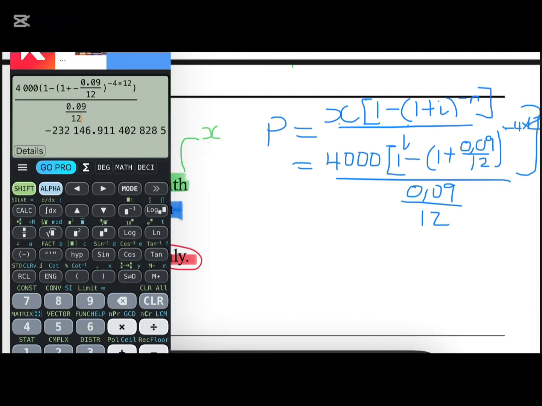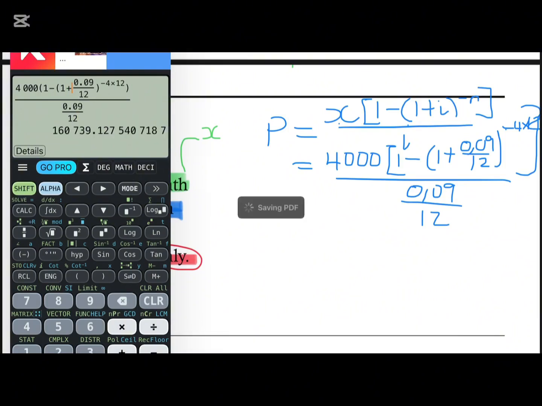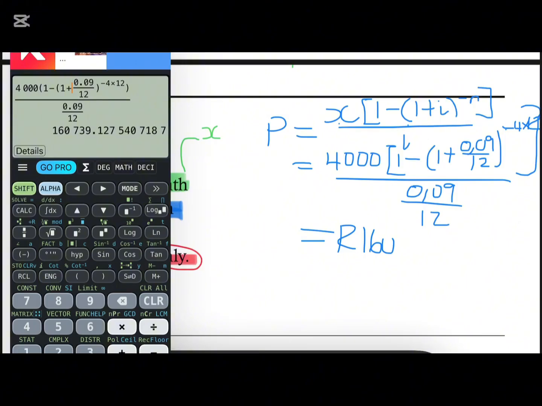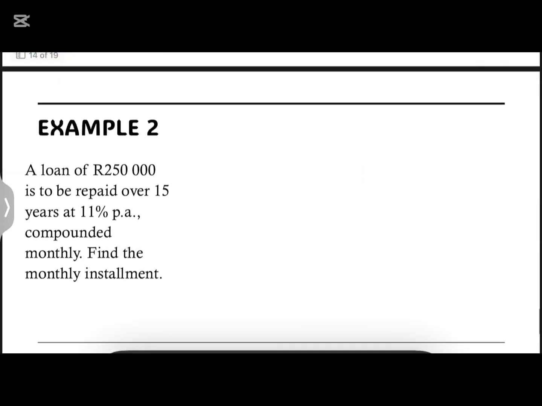Then in that case, you're going to have an amount of 160,739.18. So that is our present value.